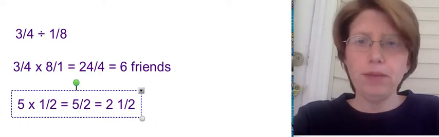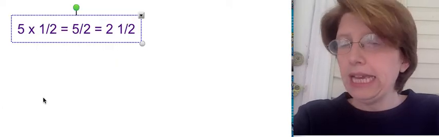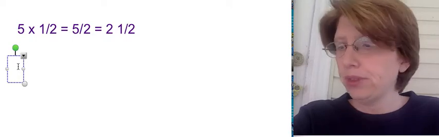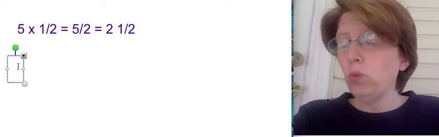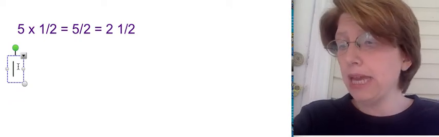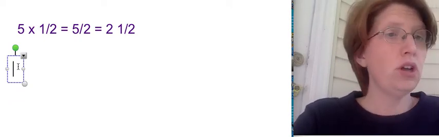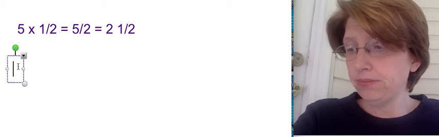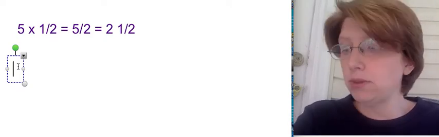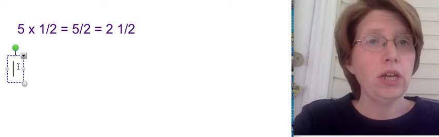Okay, last one. 21. Katie had 1 quart of punch left over from the party. If 1 cup of punch is a serving, how many servings of punch remain? So we have to figure out how many cups are in a quart. Do you remember that?